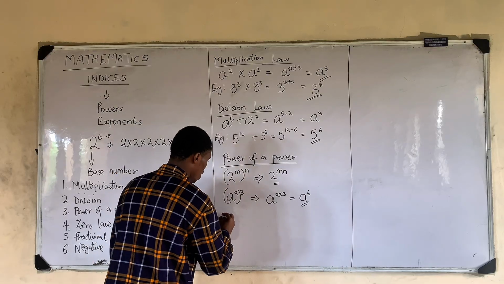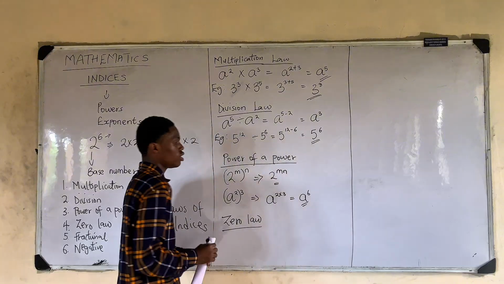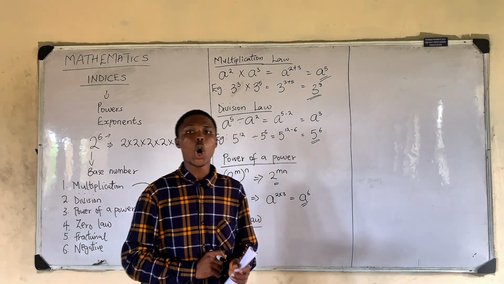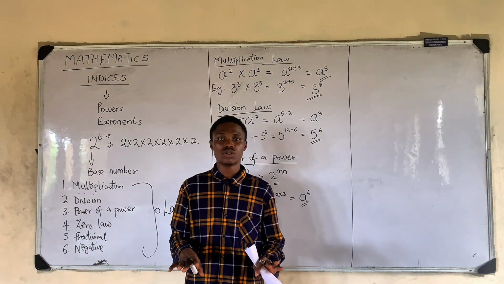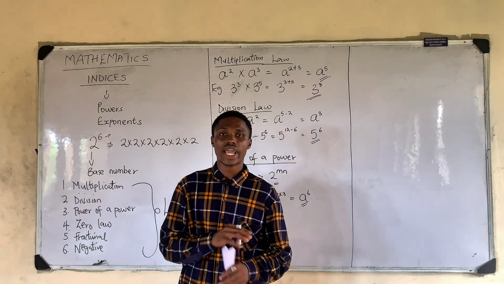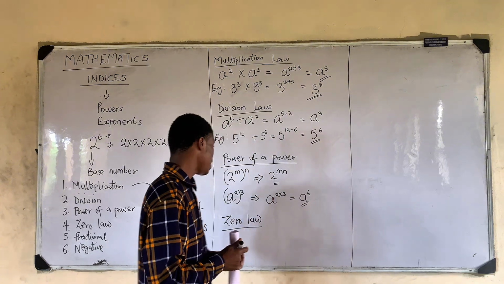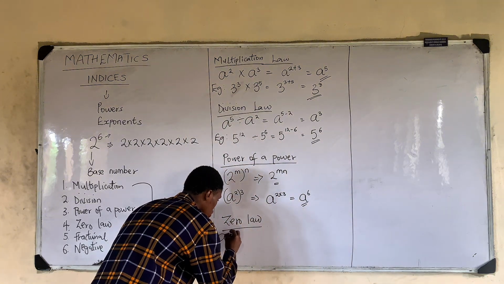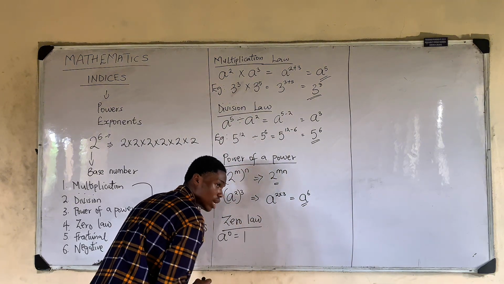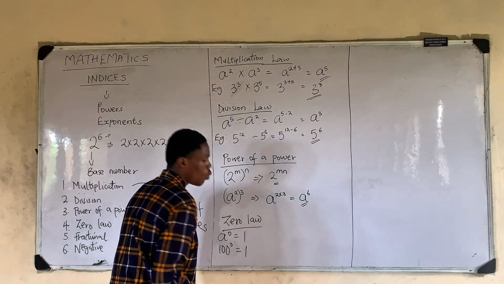Now the next one we have is the zero law. Right from time, we all know that any value raised to power 0 is equal to 1. So any value raised to the power 0 is 1, apart from 0. This means that a to the power of 0 is 1, right? 100 to the power of 0 also gives us 1.